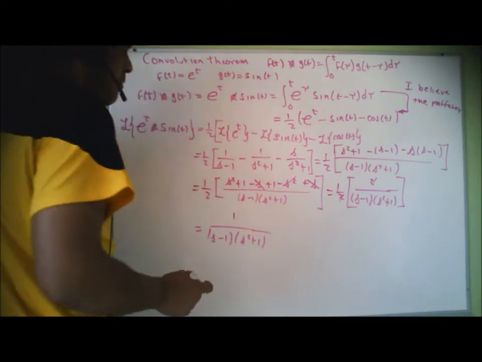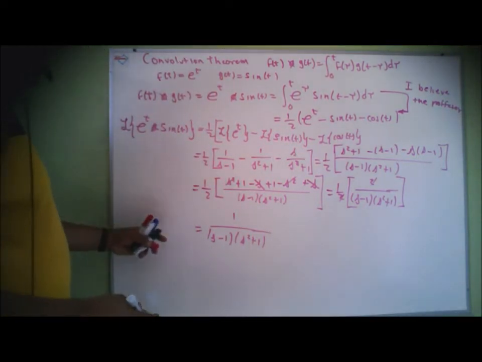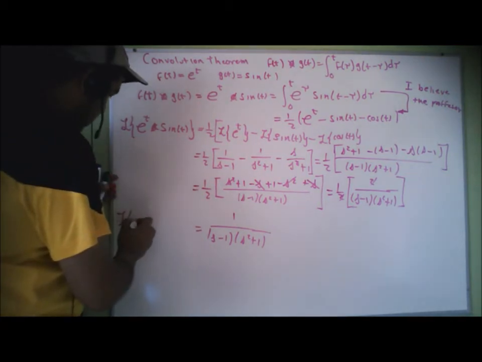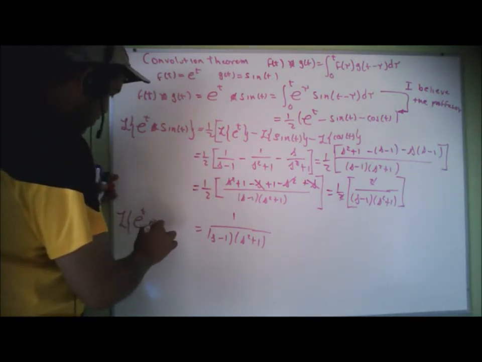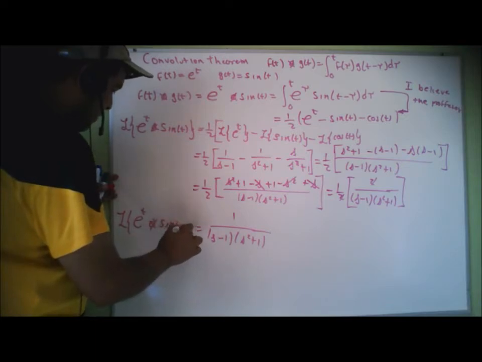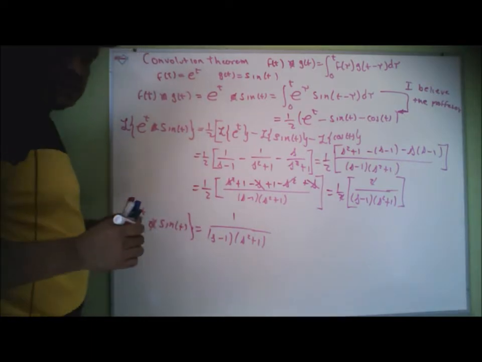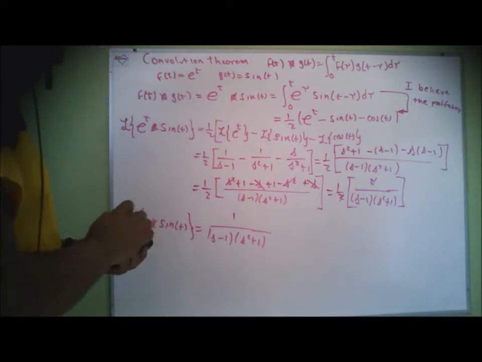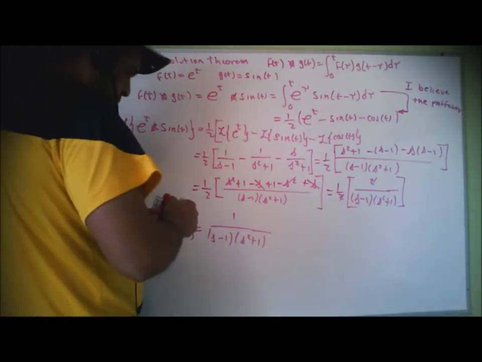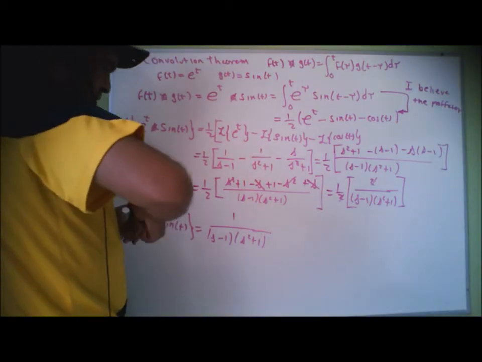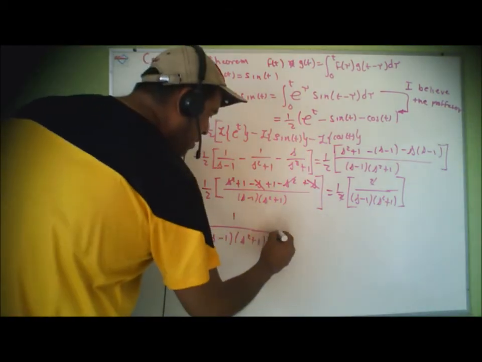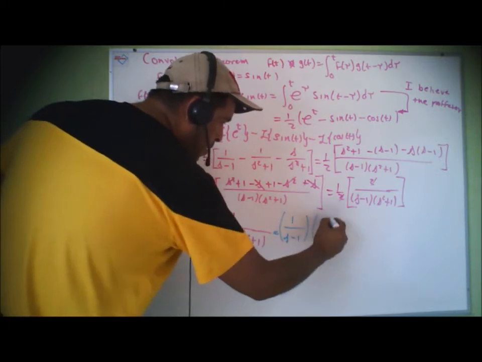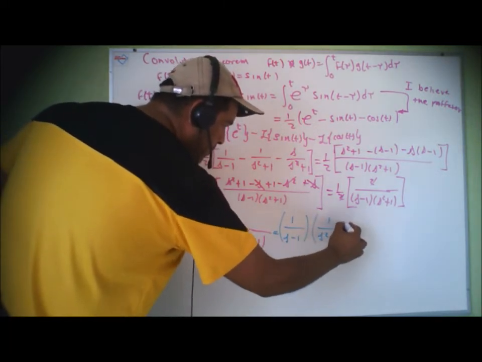Now, remember where we got this: from the Laplace transform of the exponential of t convolution with the sine of t. This is why this is very important. If you make a simple separation, it's going to be 1 over s minus 1 times 1 over s squared plus 1.